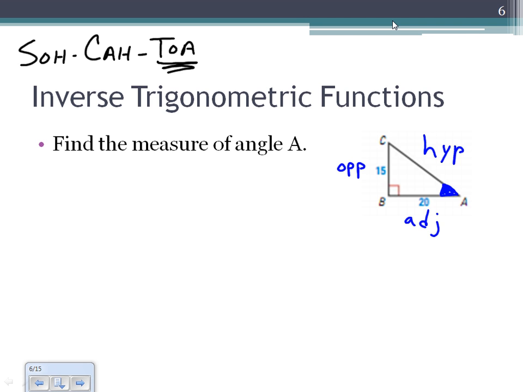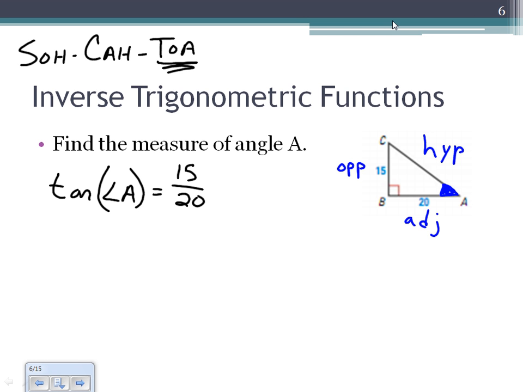Does that make sense how I chose the tangent? So I choose the tangent, and remember this is always going to be an angle. Well, what's my angle? So what should I put in there? Angle A. So the tangent of angle A is equal to what over what? Mackenzie? 15 over 20. Very good.